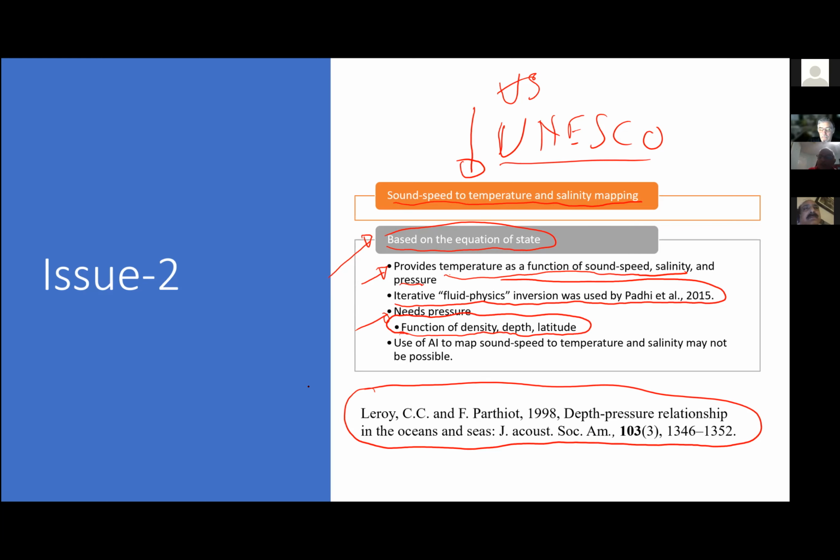The temperature and pressure will be different, and temperature and salinity are going to be different. So I think it is difficult to use AI to map sound speed to temperature and salinity. We probably have to just use the traditional fluid physics inversion. I cannot say it for sure, but that's what I think.